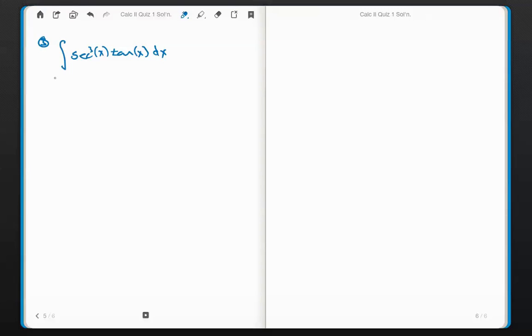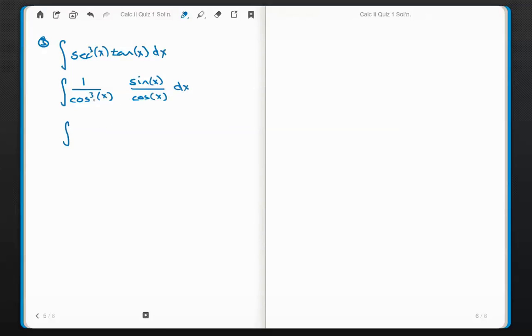Tangent, kind of. So I'm going to rewrite this. I'm going to do what I call get rid of the weird functions. So I'm going to write this as 1 over cosine cubed x times sine over cosine x, and then this is dx.